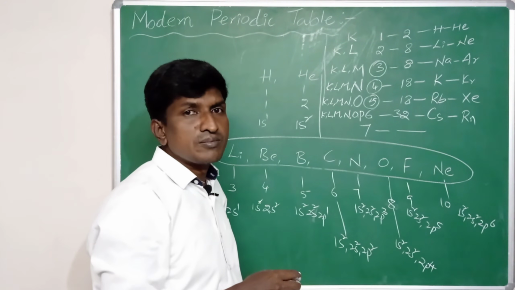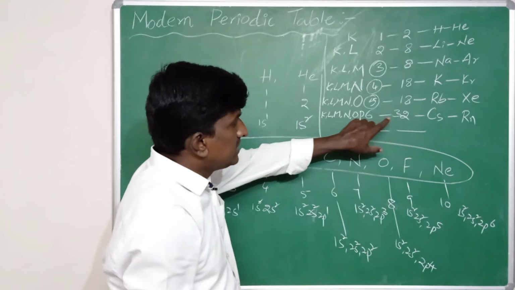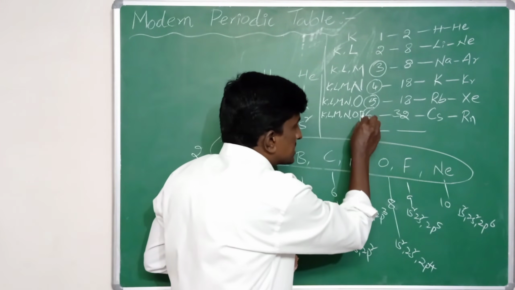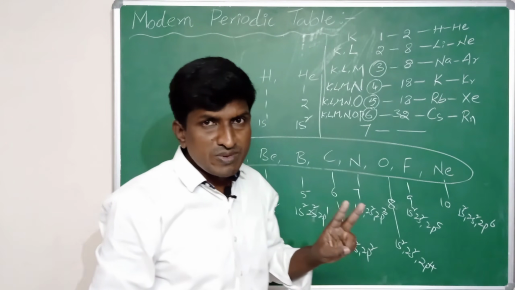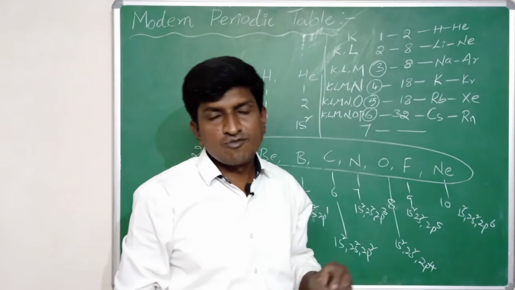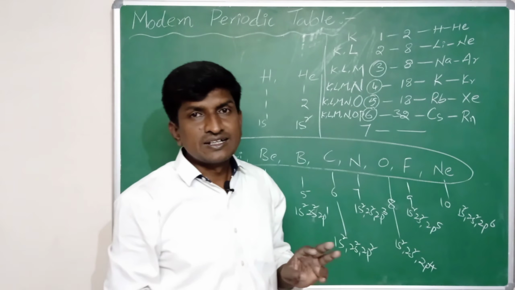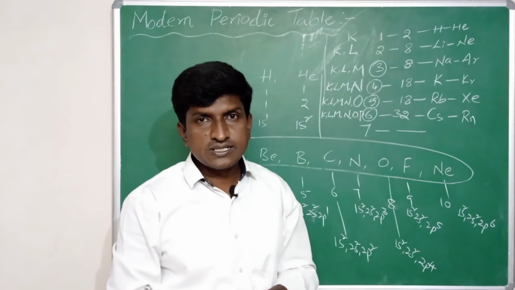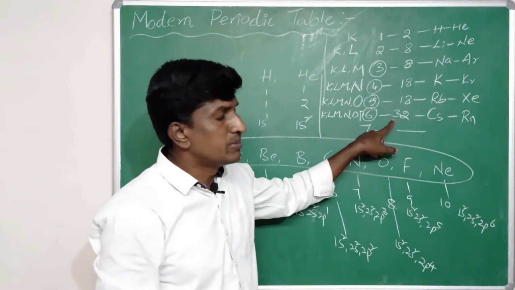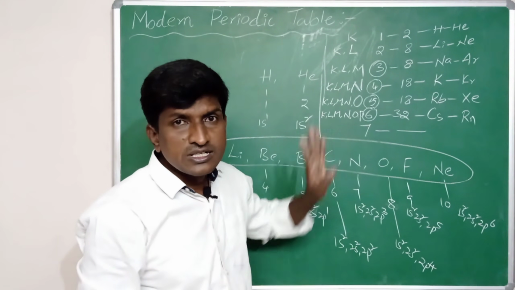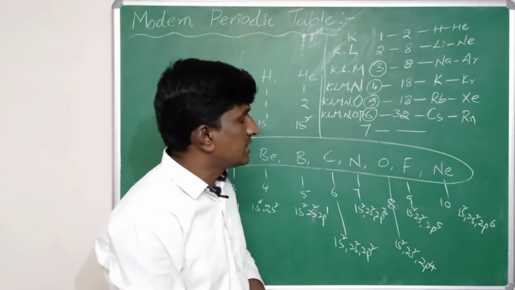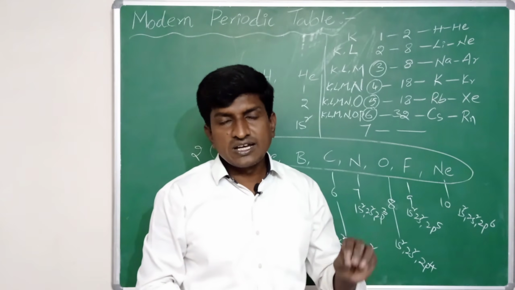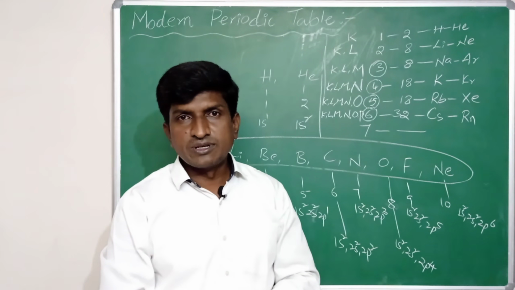So 6 main shells are there, that's why these 32 elements belong to the sixth period: 2 s block elements, 14 f block elements, 10 d block elements, and 6 p block elements. So total 32 elements are there in the sixth period. In this way, each period starts from s block elements and ends with p block elements.